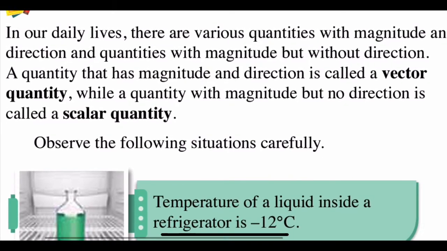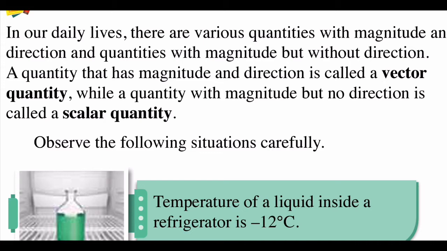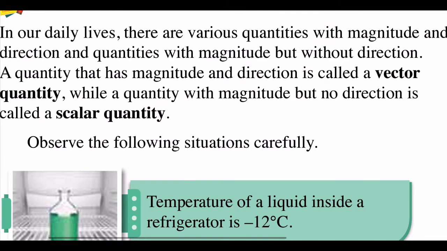A quantity that has magnitude and direction is called a vector quantity, while a quantity with magnitude but no direction is called a scalar quantity. Observe the following situation carefully. So, after you observe, please tell me whether it is a vector quantity or a scalar quantity. Alright? Let's go through the diagram together now.